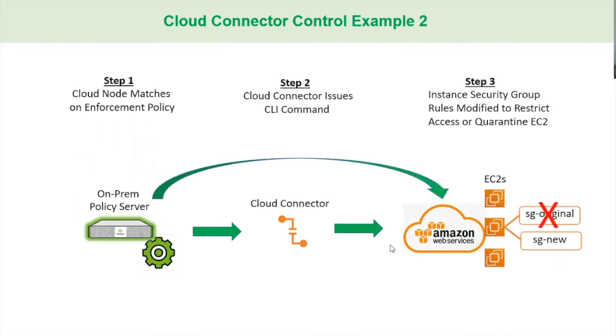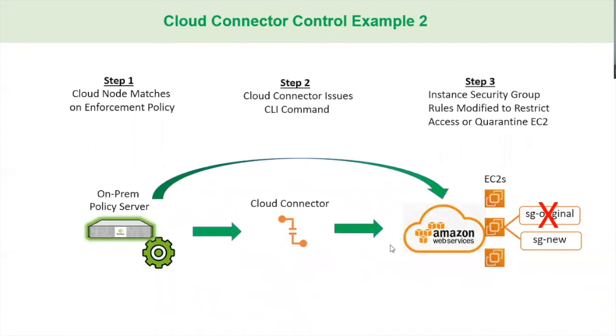So this is really the equivalent of, if you think about historically, VLAN steering, or being able to switch to a quarantine VLAN, or being able to restrict access, or facilitate segmentation, and how that was historically done on on-prem networks.